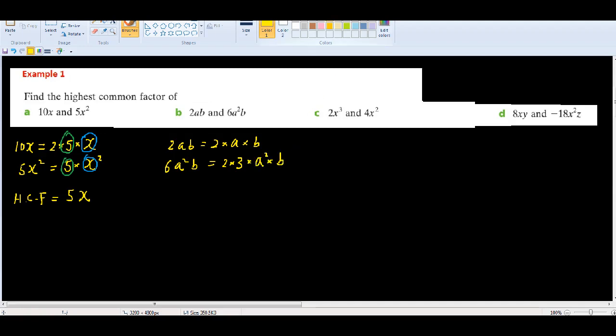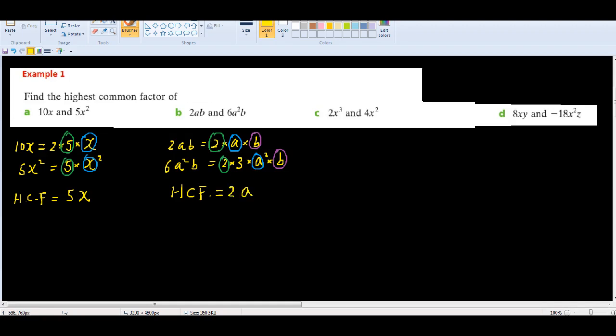Let's compare. Both of them have 2, so 2 is a common factor. Both of them got a, so a is a common factor. And both of them have b, so b is a common factor, right? So the HCF is what we call 2ab.